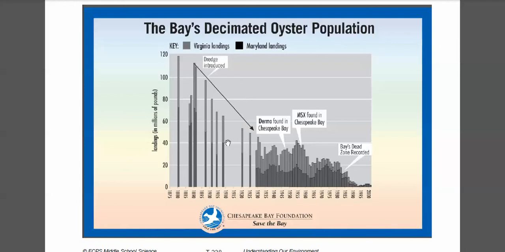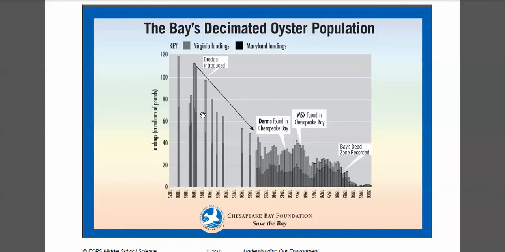So now I'm going to take a look at overall trends. Definitely can see why they use the word decimated here, because we're going from 118 million pounds in Virginia to maybe 2 or 3 observed here in the year 2000. So decimated makes sense.